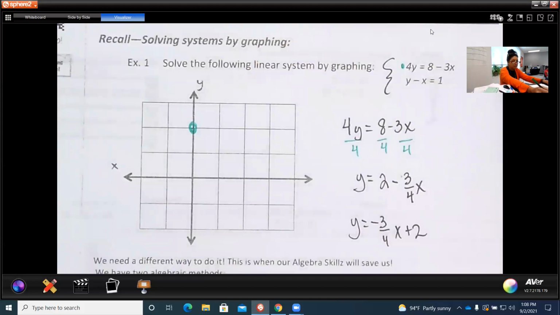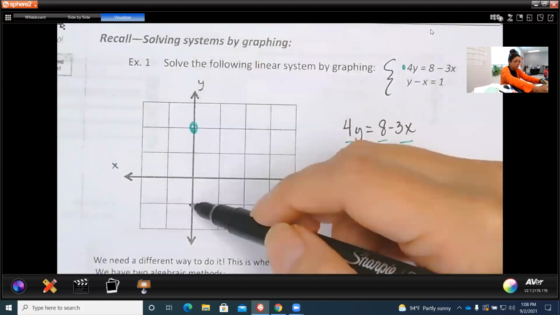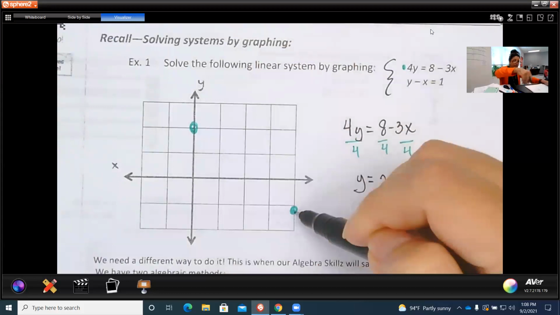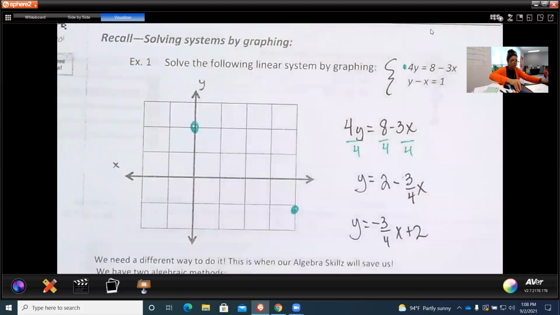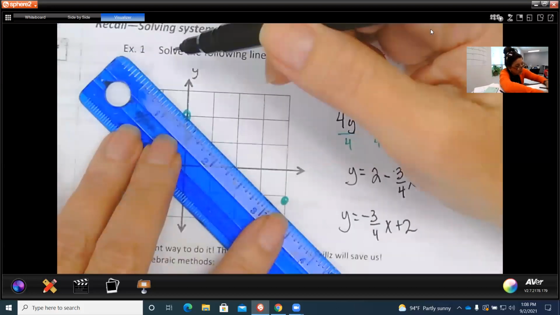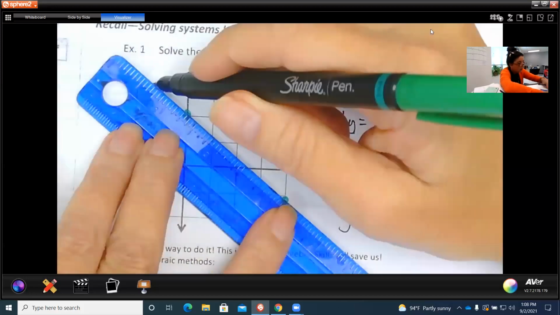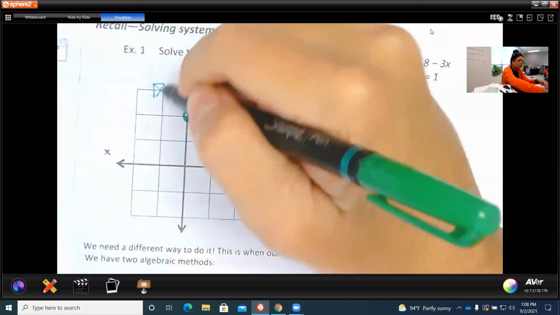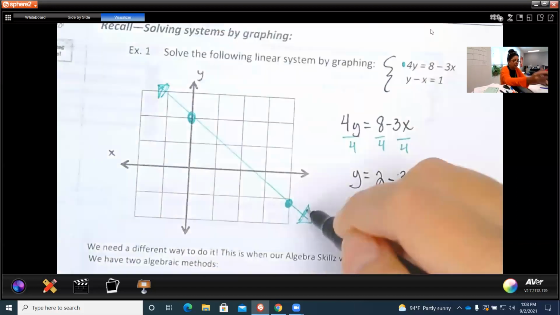So I'm going to go down 3, and in that case, I would go right 4. How many points do I need to make a line? 2. And of course, we use a straight edge because accuracy is important. When you're solving by graphing, you don't just want to willy-nilly throw a freehand line.